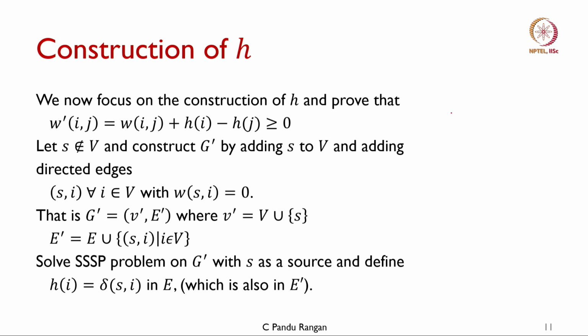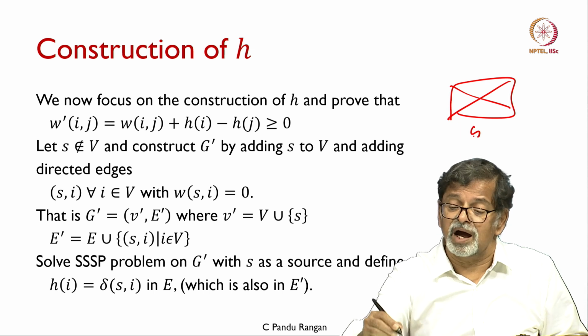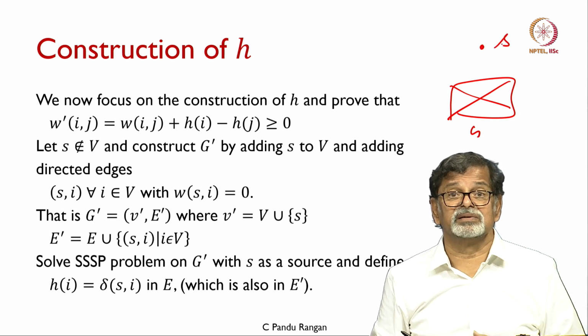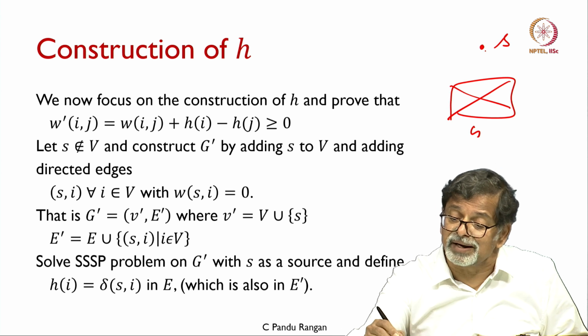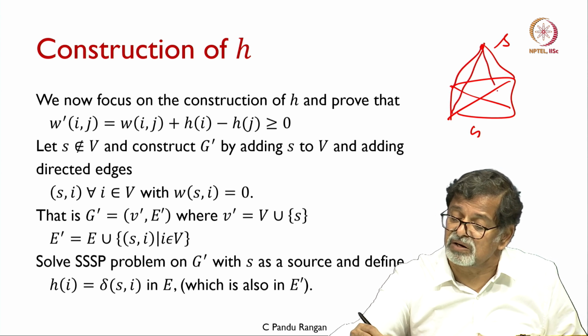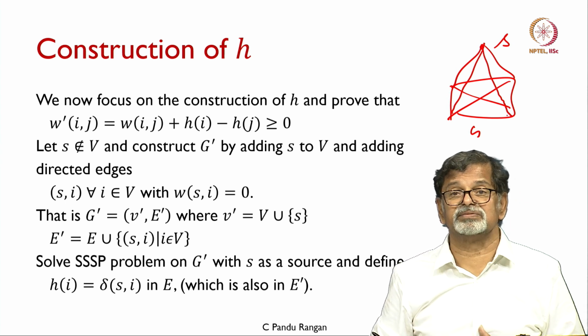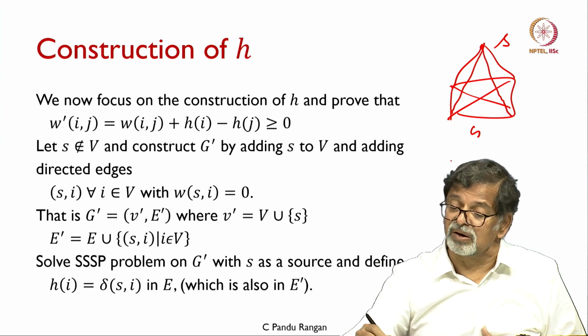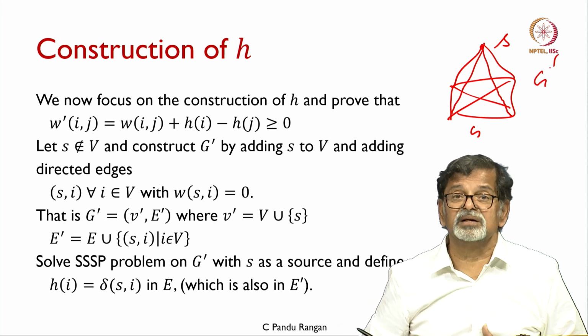Whatever the graph is, this is G. I am going to add a new vertex S, and connect that vertex S with every vertex of the original graph. This graph is called G dash.